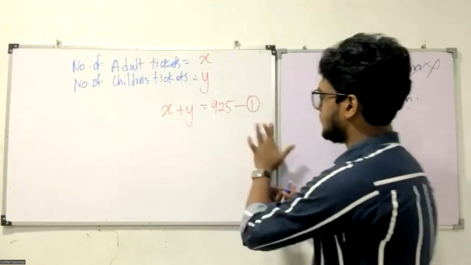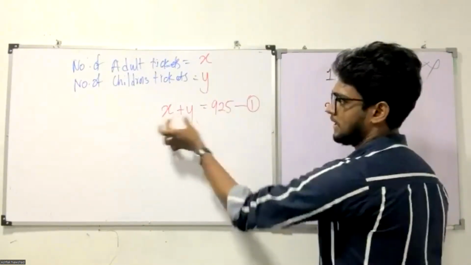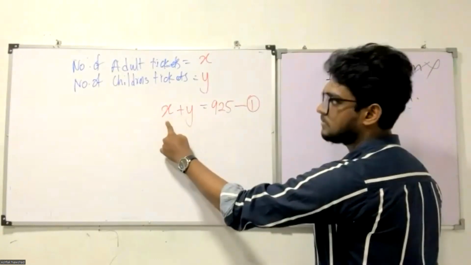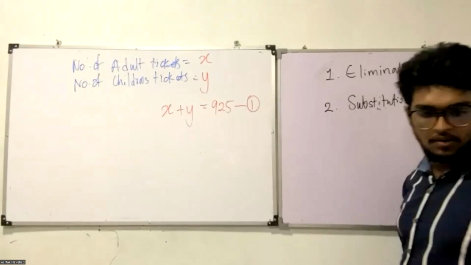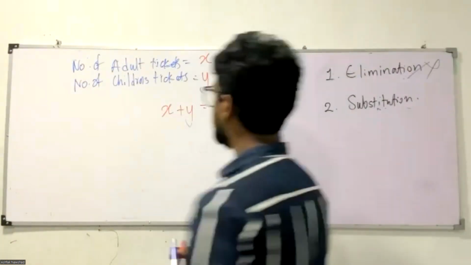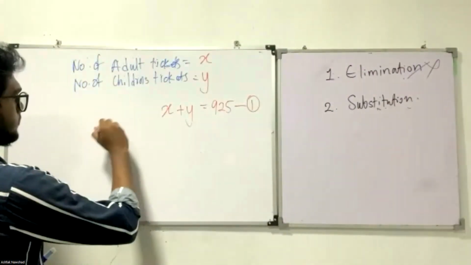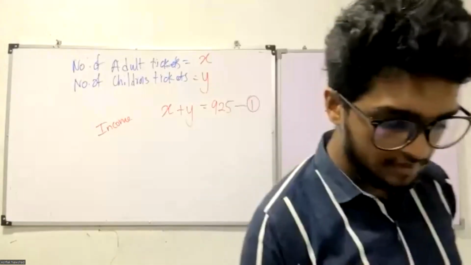The first step is clear, I guess. The first step is the number of tickets, the number of adult tickets and the number of children's tickets. The sum is 925 tickets sold. And then they are talking about the income, the money generated. How much money is generated?